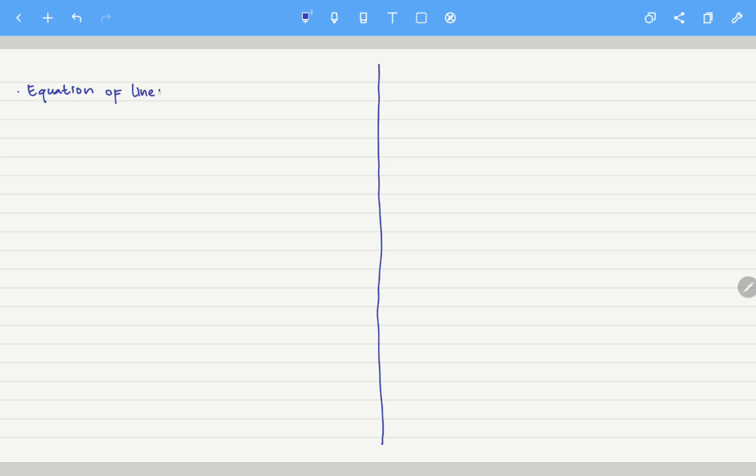To get the equation of a line, we can first use the following formula: (y minus y1) over (y2 minus y1) equals (x minus x1) over (x2 minus x1). We can use this formula if we know the line passes through 2 points.